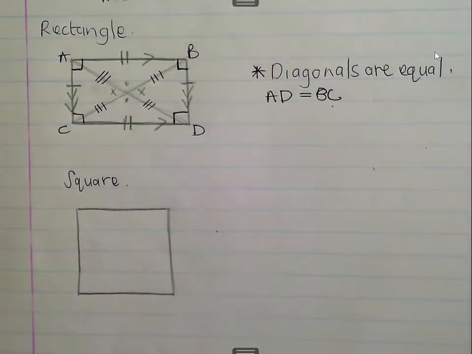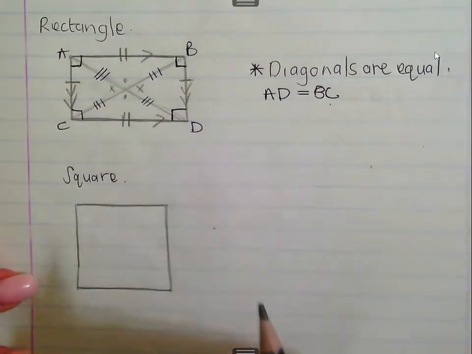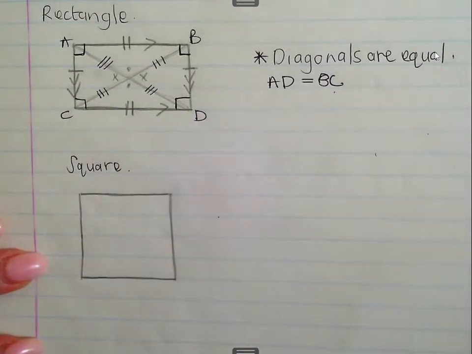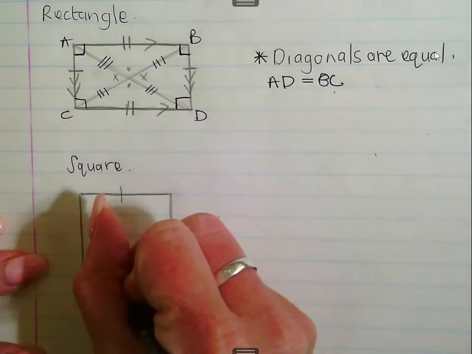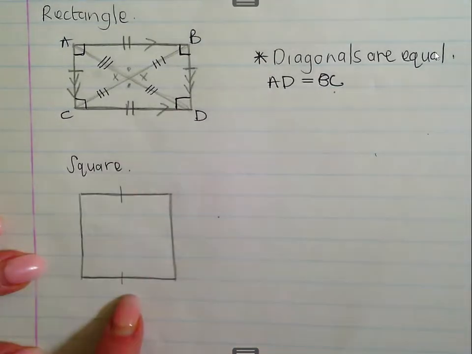Okay, the last doctor we have is the most specialized doctor that there is. It's the neurosurgeon. I think that's like a very good doctor. Very specialized. Okay. So when we look at the square, the same as with the parallelogram, it's got two pairs of opposite sides equal.